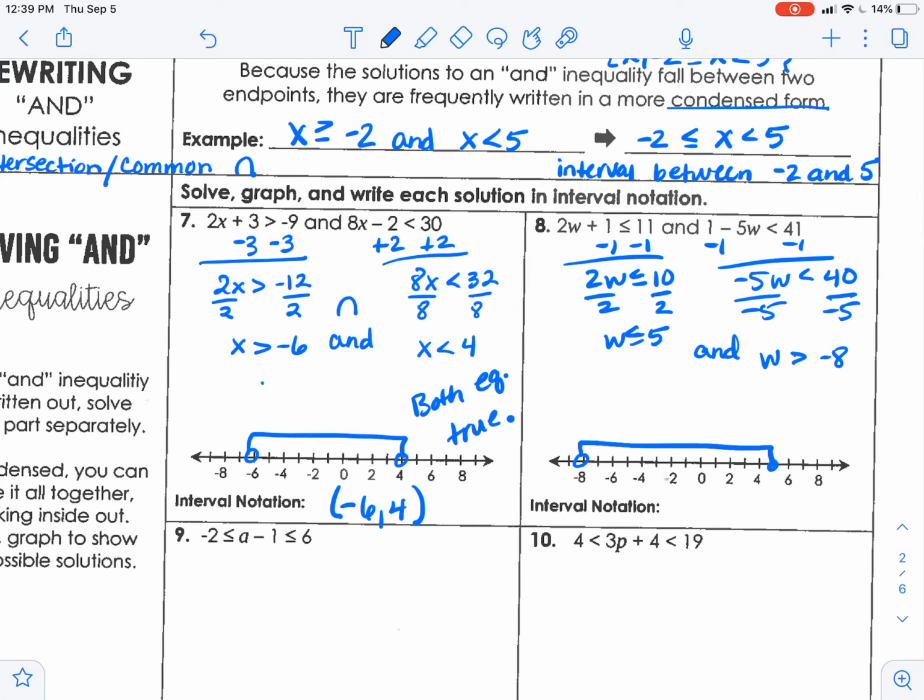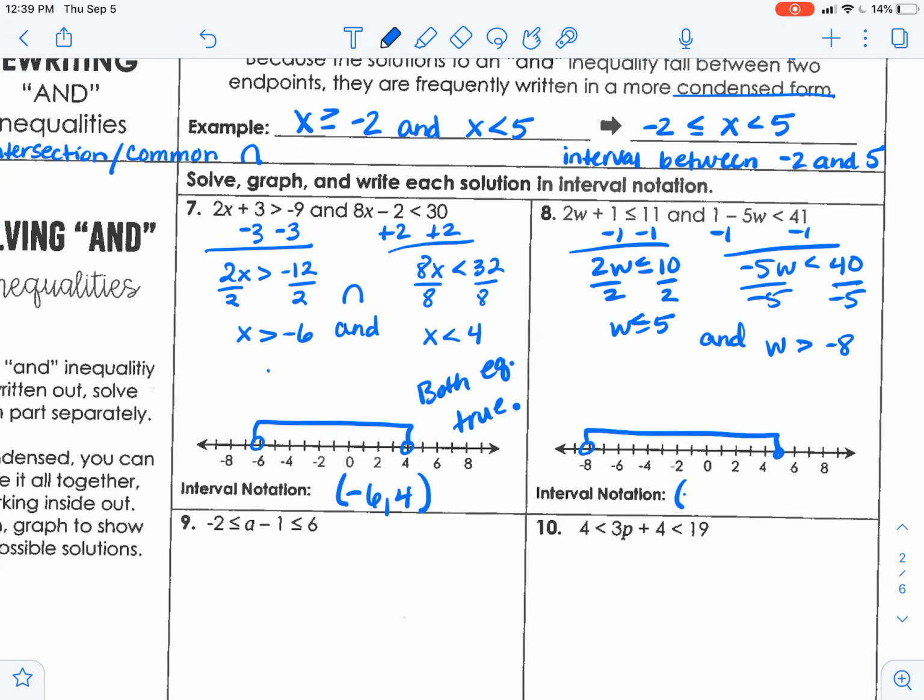Okay, interval notation, we're going to have an open circle at, whoops, my bad. Man, how many times have I screwed up here? We are at negative 8 as being my left. So negative 8 and 5 is my other endpoint.